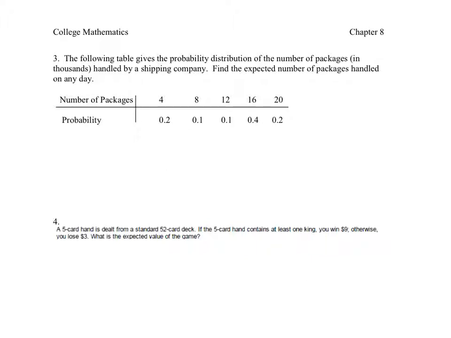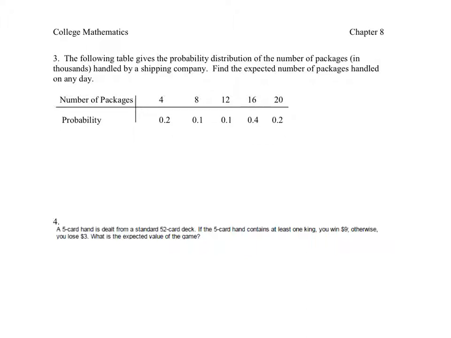You can do number 3, just to see in a real world setting. This is the probability distribution of the number of packages in thousands that are handled by a shipping company. Find the expected number of packages handled on any day.